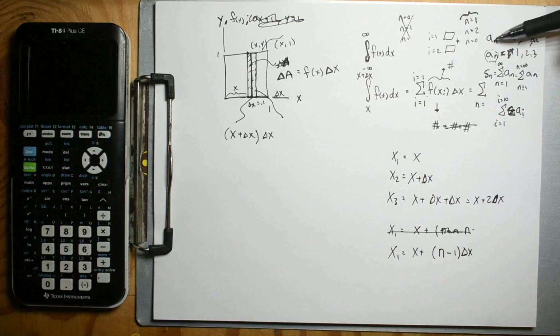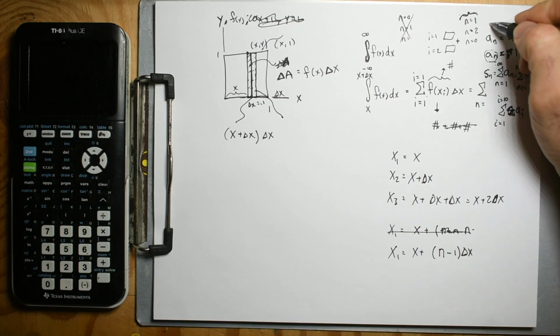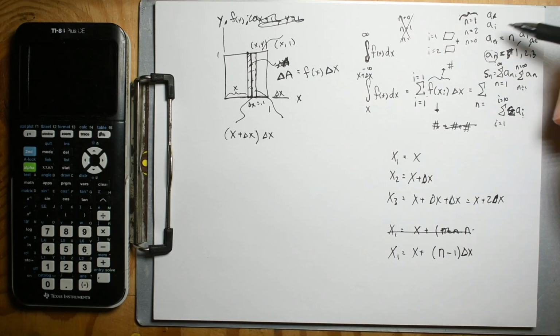Whether you're talking about an, you could have ai, you could have ak. This letter is arbitrary. So is a. You know what I mean?